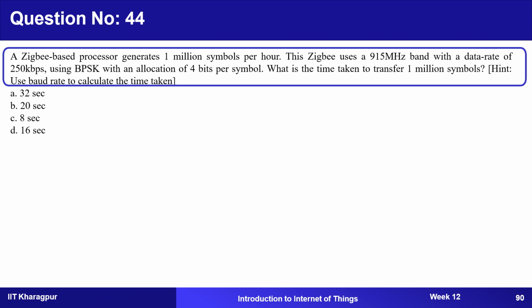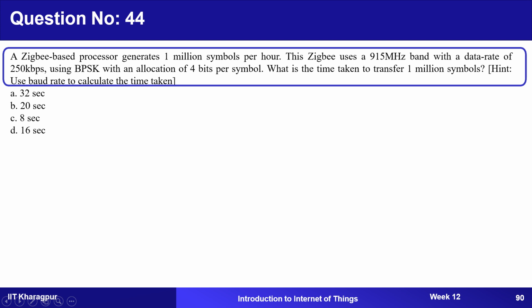Basically, what I did was 250 divided by 4, so that gave 62.5, and then I did 1 million, which is like 10 lakhs. 10 lakhs divided by 62.5, and it gave me 16,000. So actually it is given that 1 million symbols you have to transfer, right? One symbol consists of 4 bits. So first of all you have to calculate the total data. So total data will be 4 multiplied by 1 million. You get this? Now your data rate is given.